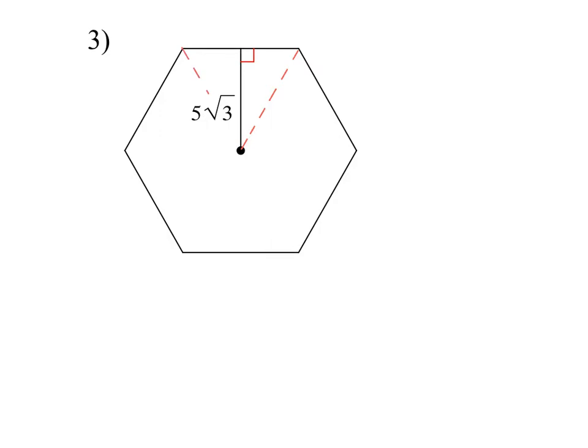This triangle right here. So once I draw that triangle, I can find the measure of this angle right here. That measure is going to be 360 divided by 6. So that means that it is 60. So that means that this whole angle is 60, right?